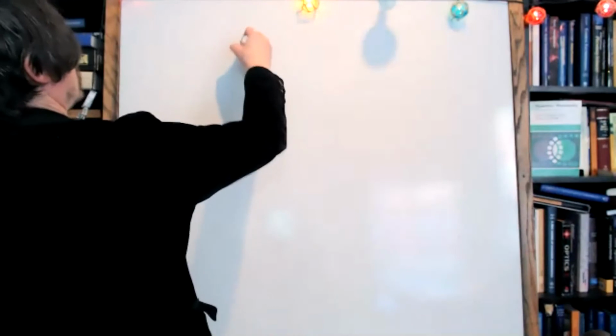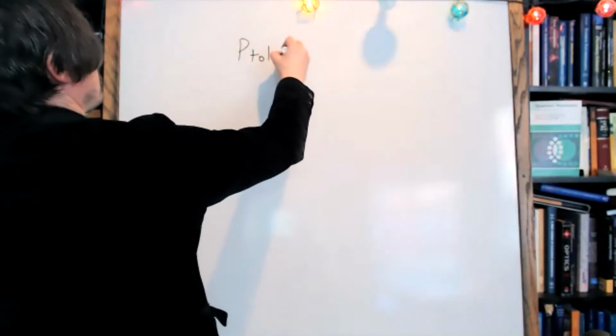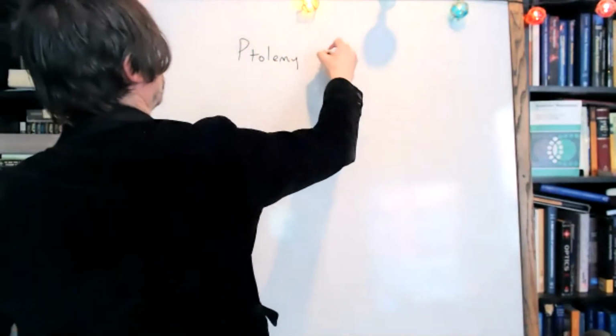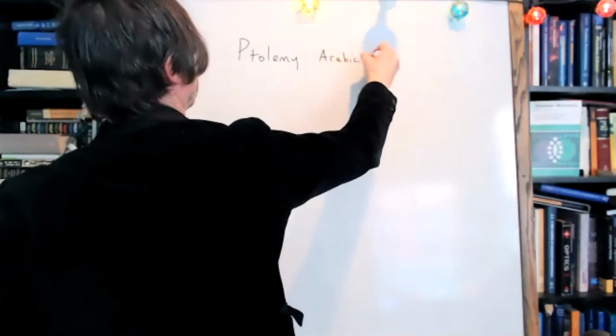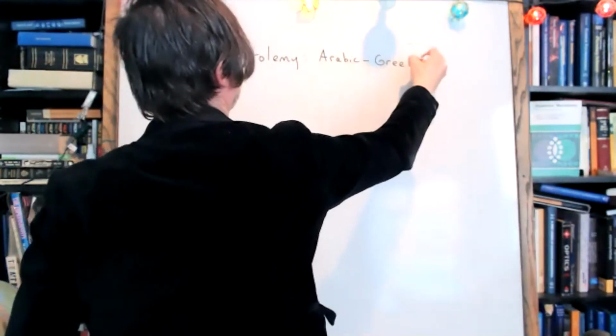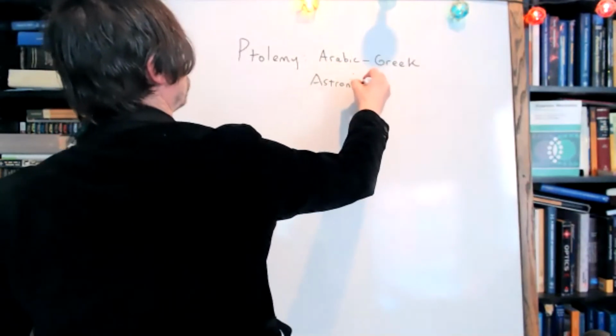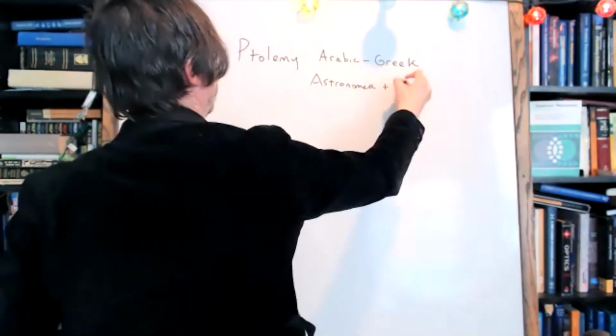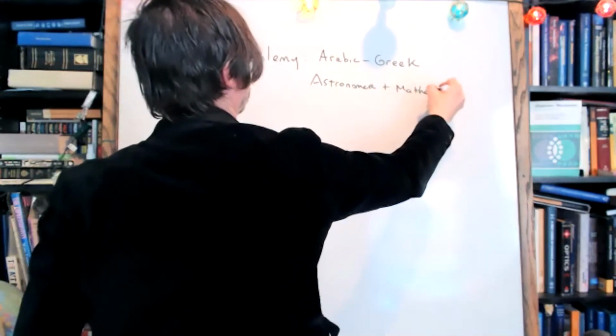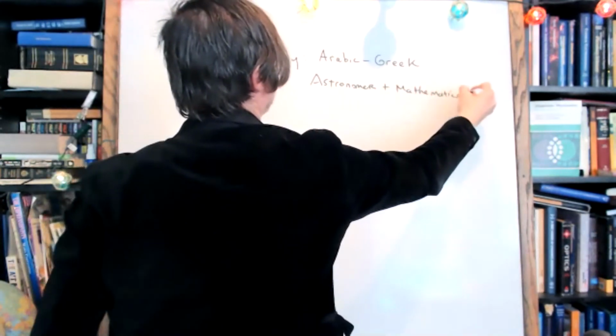So our last geocentric philosopher was Ptolemy. Arabic Greek astronomer and mathematician.